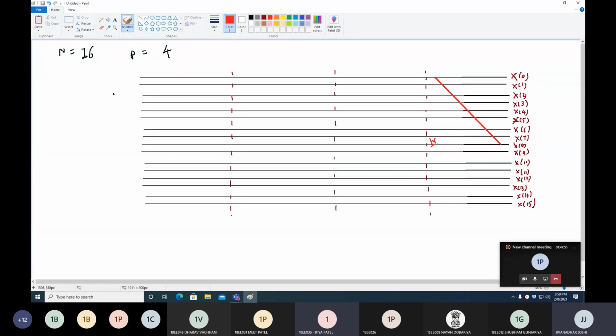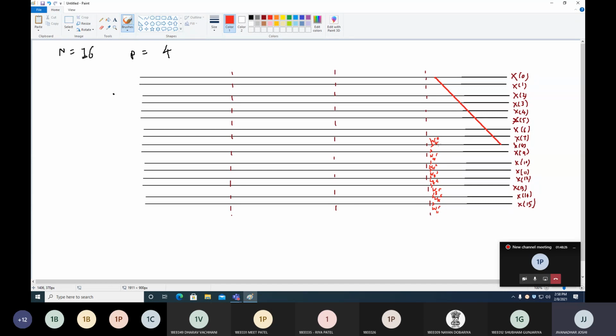Yes, W 16 raised to 0, W 16 raised to 1, 2, 3, 4, 5, 6, and similarly W 16 raised to 7.